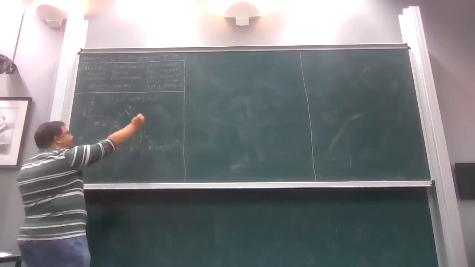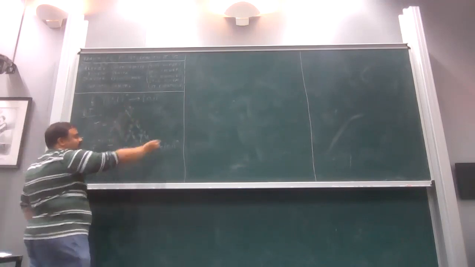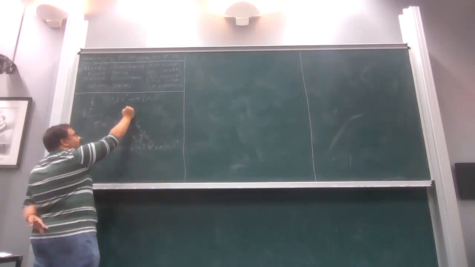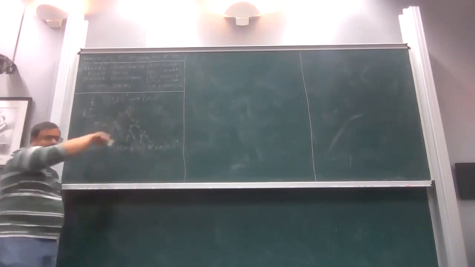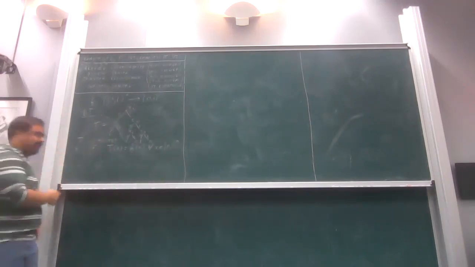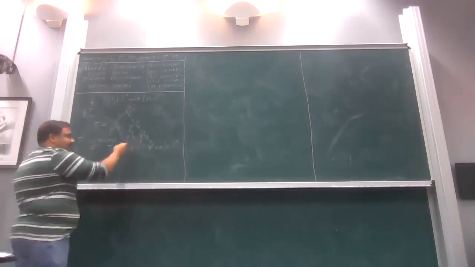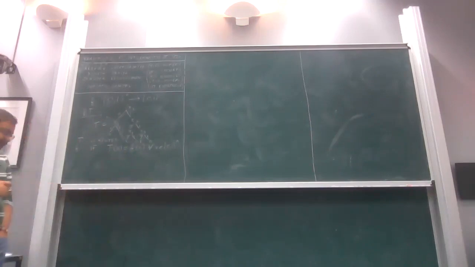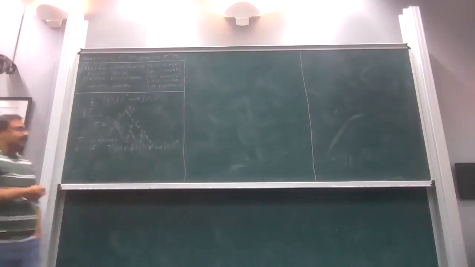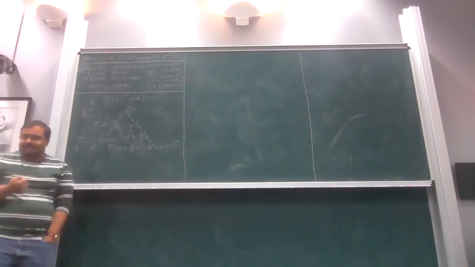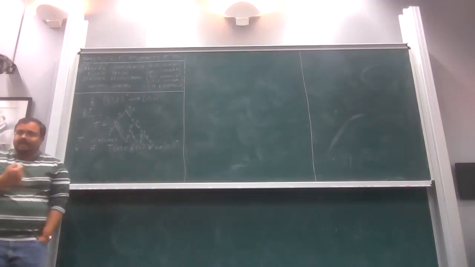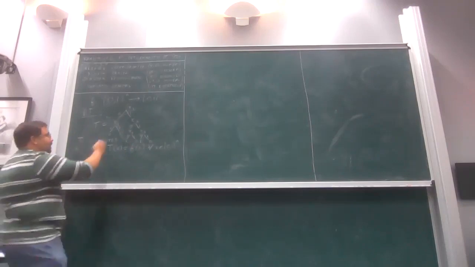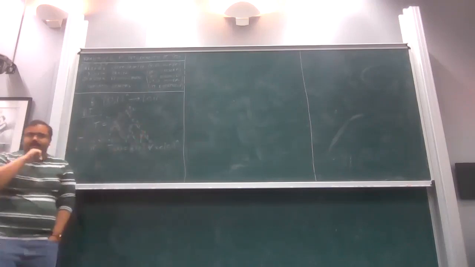So the query algorithm corresponding to this tree would first query the first variable of x, depending on whether it's 0 or 1, go down the left subtree or right subtree until you hit a leaf, and output the value at the leaf reached. And the most widely studied cost measure of query algorithms is the maximum number of queries made on an input, which is nothing but the depth of the corresponding decision tree.